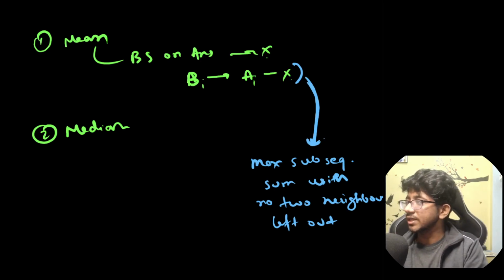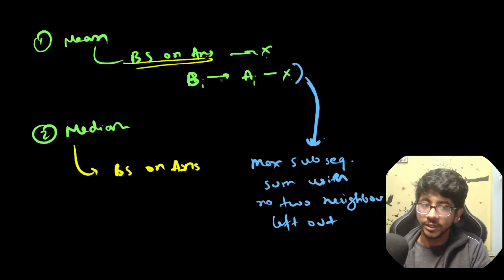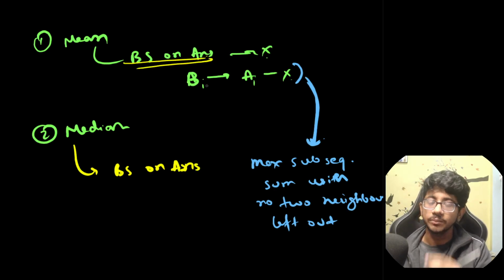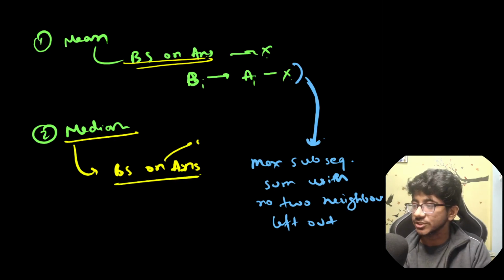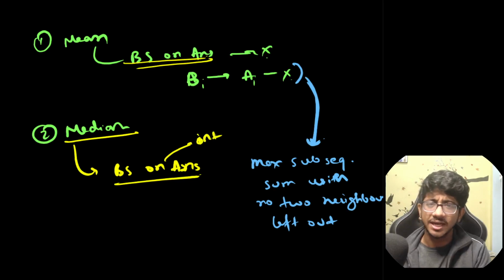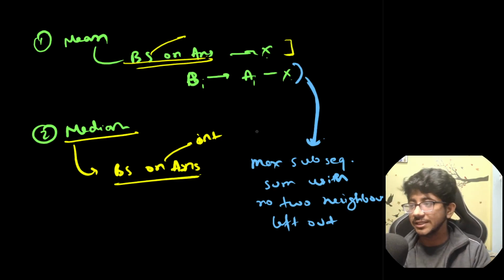Similarly, for median, we go in a similar direction: we do a binary search on the answer. Note that there is a subtle difference between these two. For mean it is going to be a binary search on floating point numbers, because the mean can be a floating point value, but the median is always an integer, because the array has integer values. So for median the low and high are integer values, while for mean they are floating values, and you can do a finite number of iterations, though those are implementation-level details.